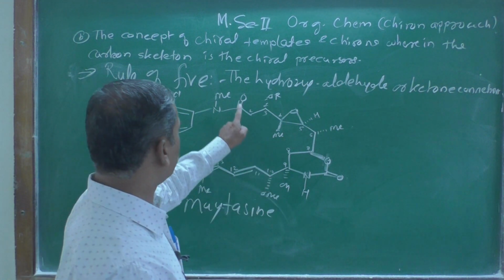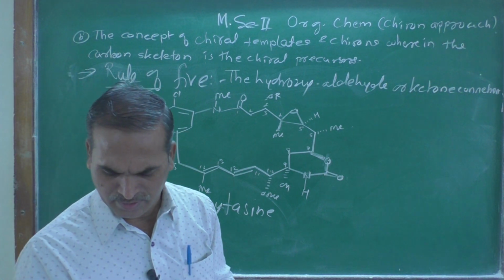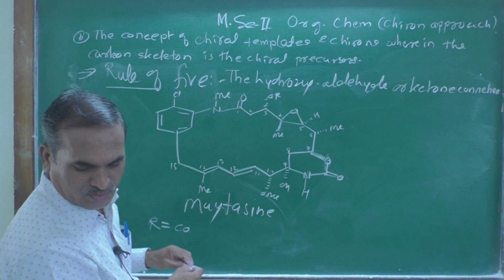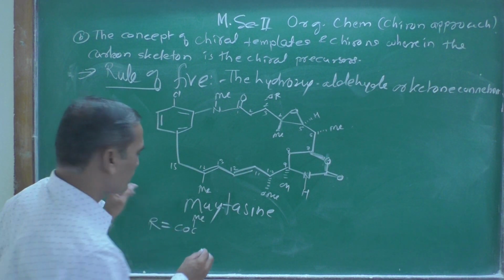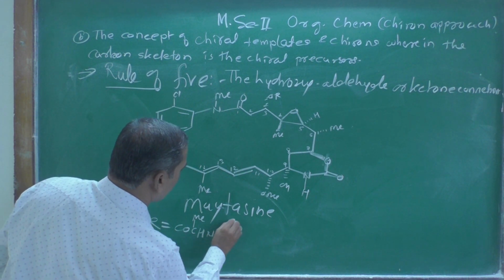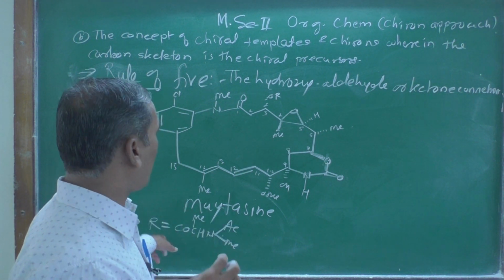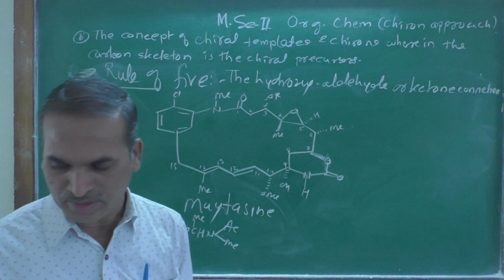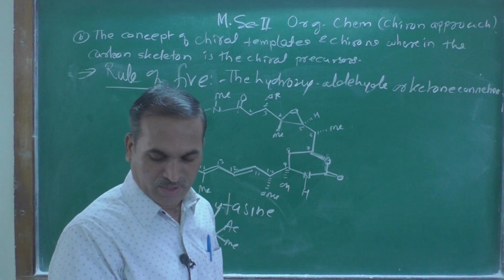NMeOR. Here R is nothing but this one, CO, then CO, CMe, then HN, there will be AC and a methyl group. There are tertiary groups there. So R is nothing but this one. This is the biggest molecule, and how we can apply the rule of 5 here, that we are going to learn.